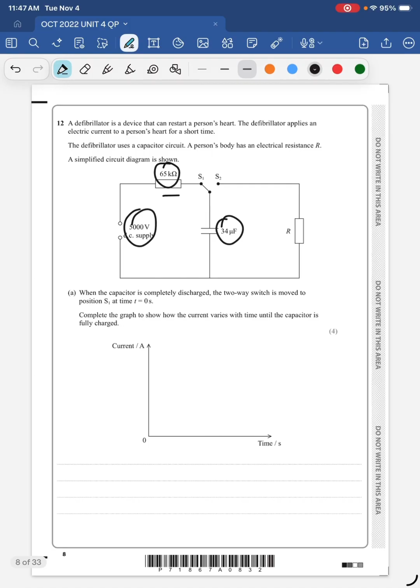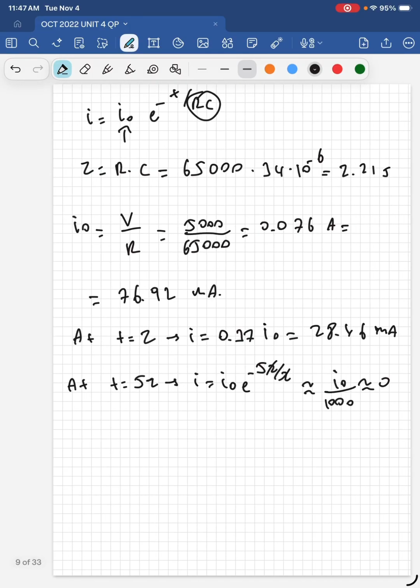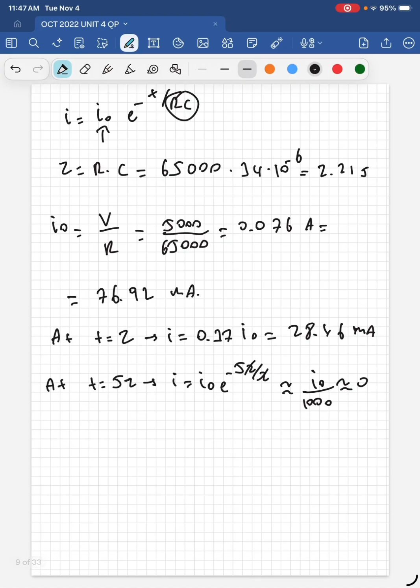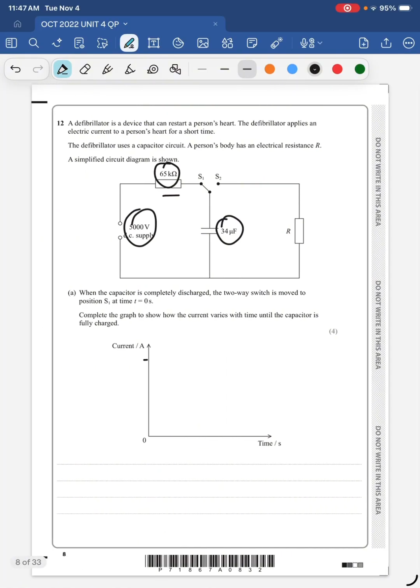So at time equal to 0, the initial current is, actually they ask to use amperes, so it's 0.076 amps at time 0.